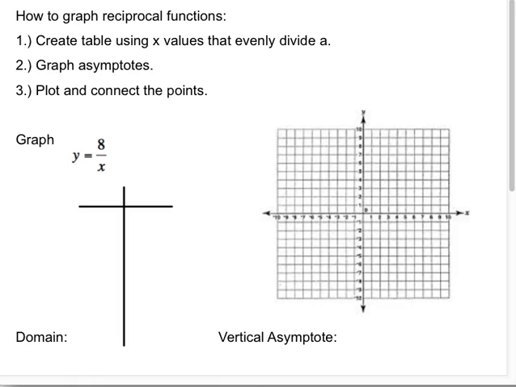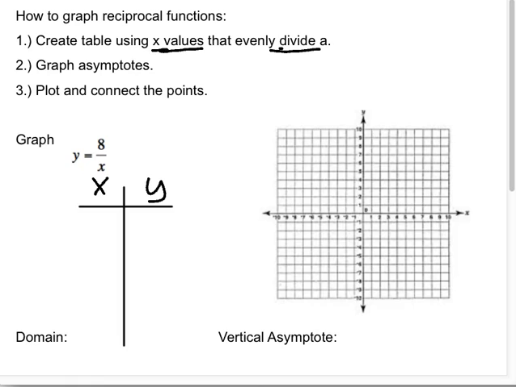Well, we need to start by making the table, okay? So x and y values for our table. All right, now look at number 1. We want to pick x values that evenly divide a. That's going to be the easiest way to make our table.